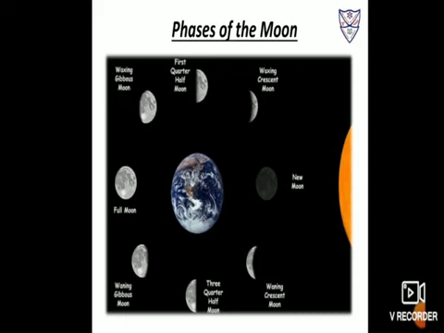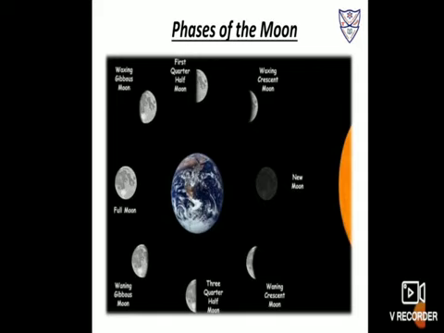In this position we do not see the Moon at all, so this is called new moon. The new moon day is also called Amavasya. It means we cannot see the Moon at all on the new moon day, and it is very dark, having no moonlight at all.